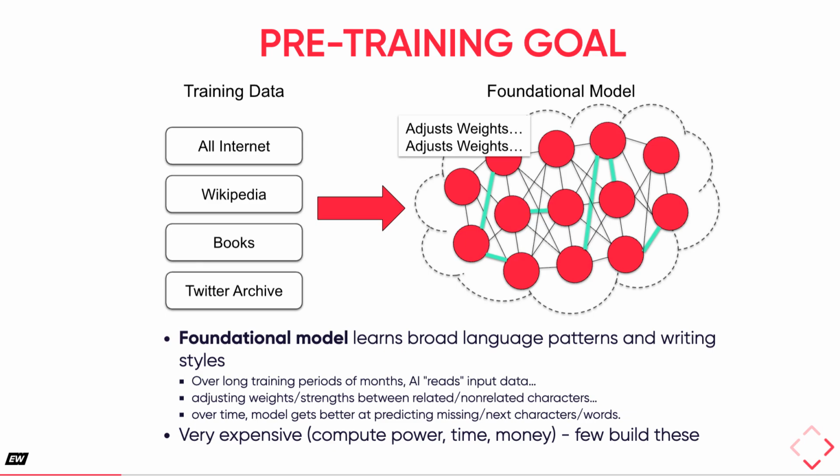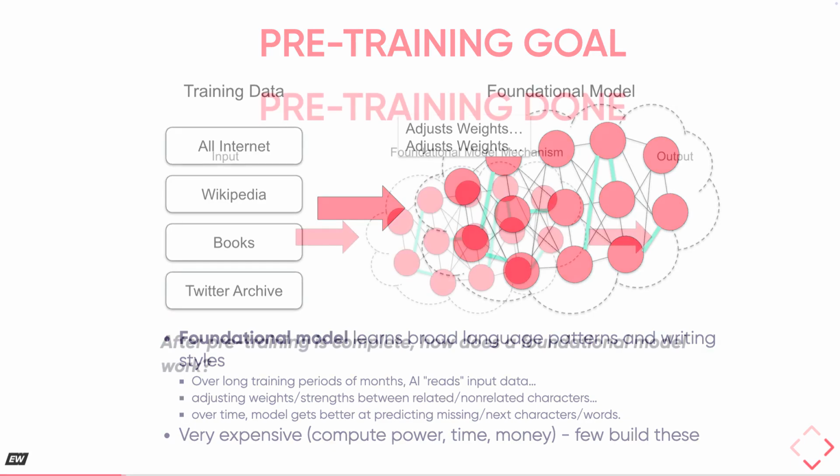Over time, the model becomes increasingly proficient at predicting missing or subsequent characters and words in a sequence. It's important to note that pre-training is a very expensive endeavor in terms of compute power, time, and financial resources, which is why relatively few organizations build these foundational models from the ground up.